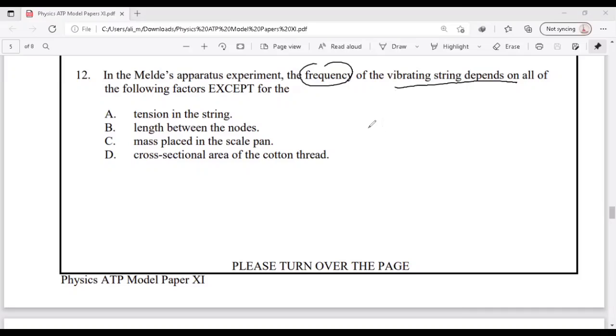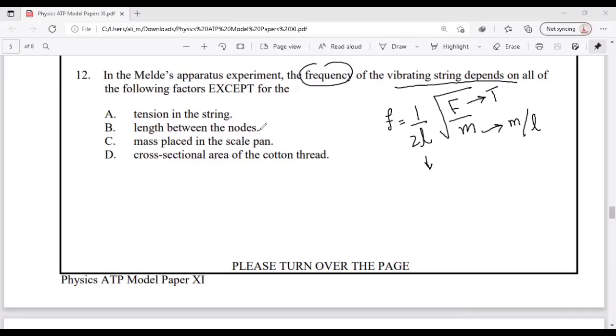So, as we have discussed the formula in the above question, the frequency of the standing wave equals 1 over 2L square root F over M, where this L is the length of thread between two wedges. This F is the tension force, and this M is the mass per unit length of the thread.